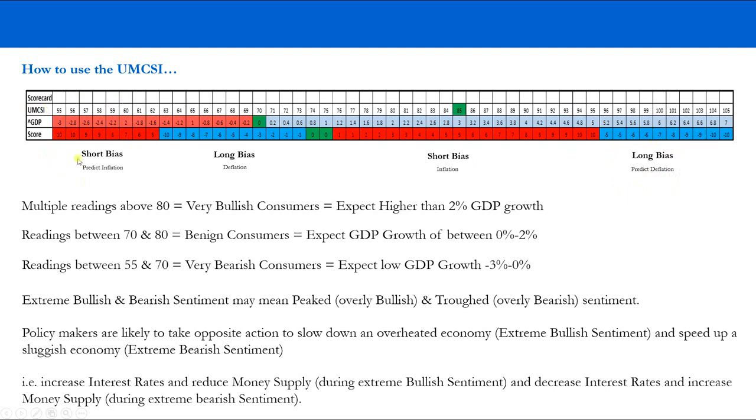In the extreme cases where we've got extreme bearishness from consumers, we're looking to predict inflation because it can't get any worse, and we're looking for a short bias, a short bias to the currency over here, and over here a long bias to the currency.